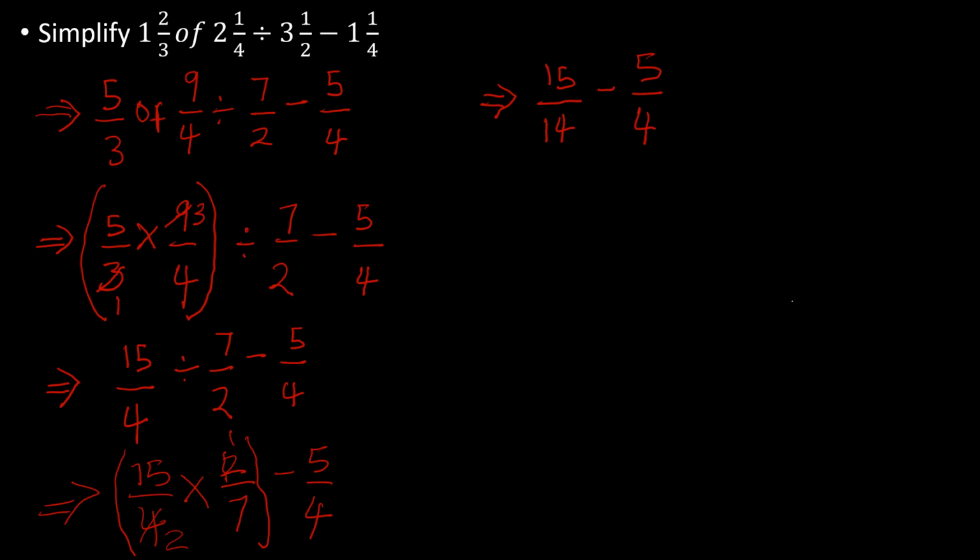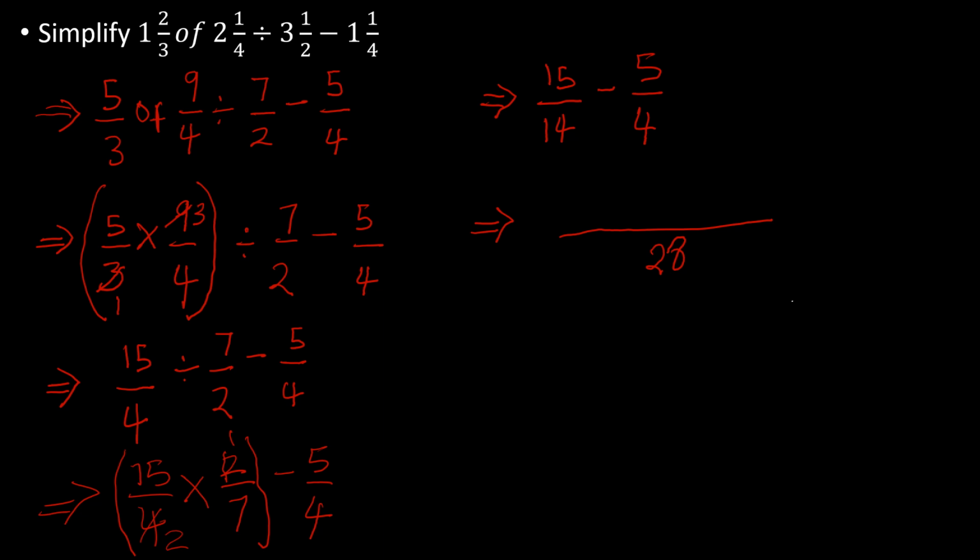We can easily tell that the LCM for 14 and 4 will be 28. 14, which is the highest denominator here, cannot be divided by 4. So if we multiply 14 by 2, we have 28, and 28 can be divided by 4 and also by 14. So that can be our LCM.